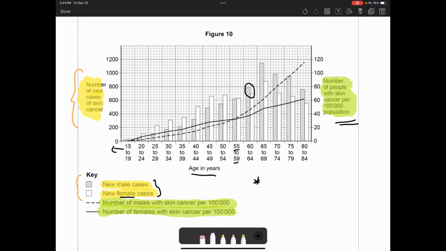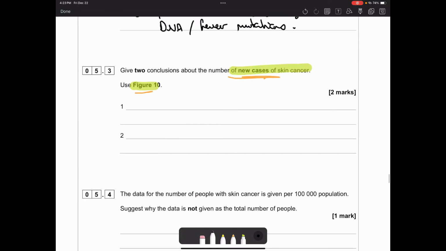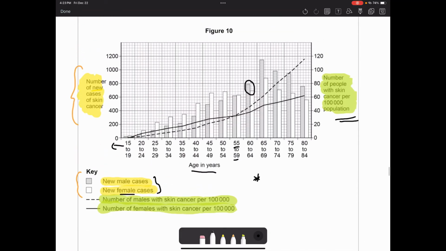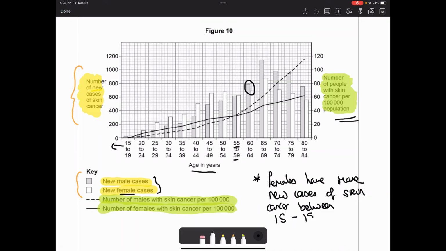I'm just going to write the answer here, but this is 5.3. Okay, so 5.3, I would say females have more cases or more new cases of skin cancer between 15 to 59.